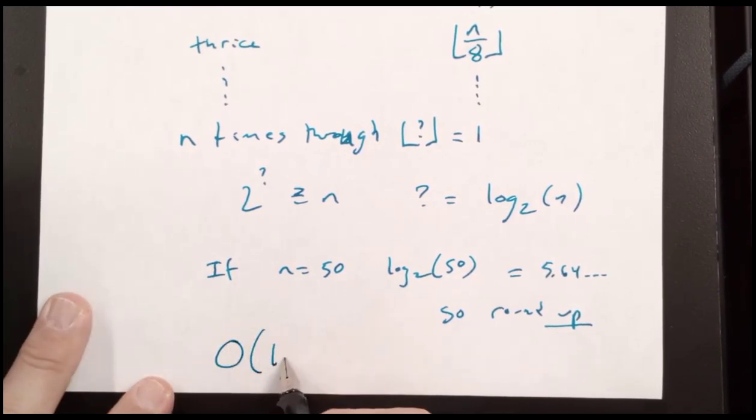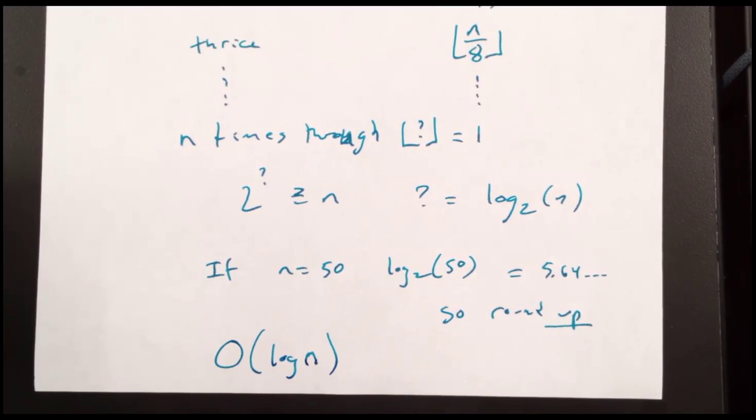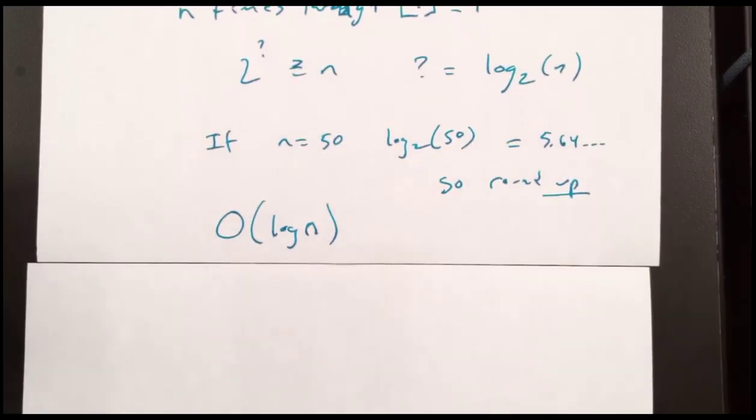This is big O of log of n. In computer science, the default assumption is that your logarithm is log base 2. But one of the comments we made on Monday was that it doesn't matter what the base of the logarithm is. They're all equivalent. And that makes a big difference.